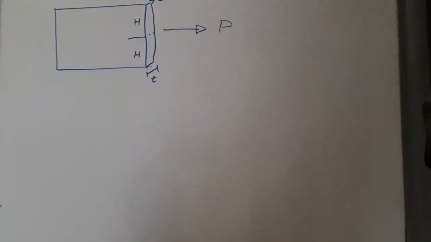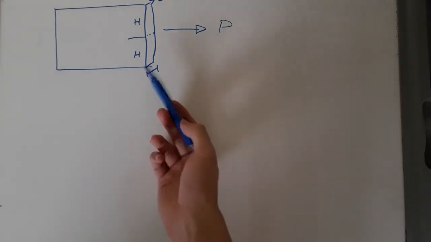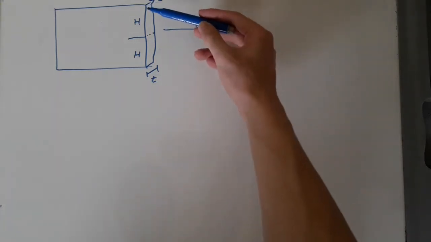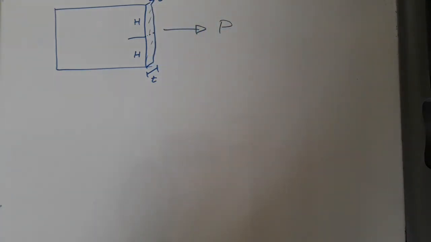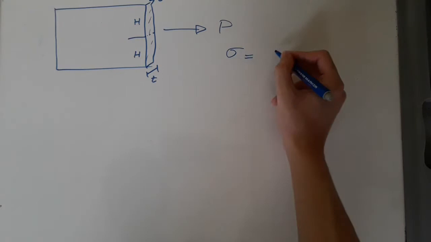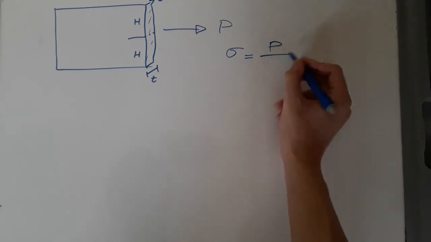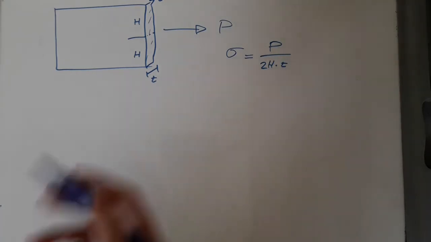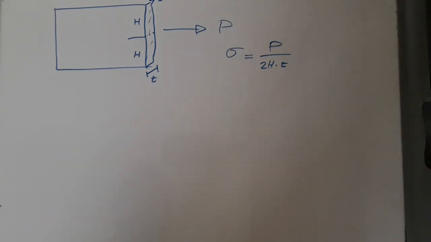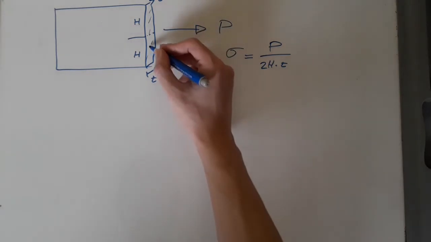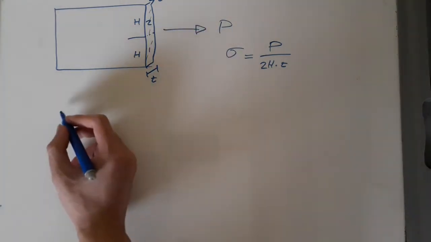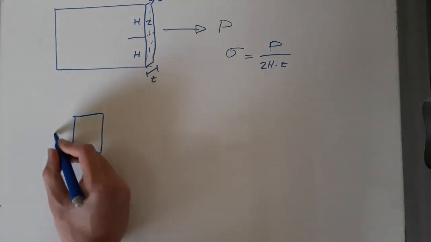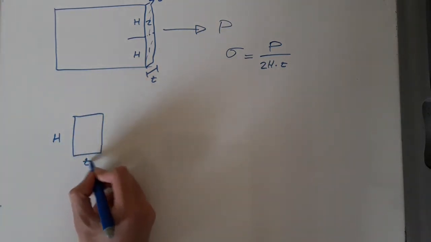Taking it a step further, let's think about stresses now. In this case, where we have a uniaxial stress in the x direction, the stress on this surface would be quite simple to calculate. The stress would be equal to the applied force P divided by the area, which would be 2h times t. But now again, if we were to assess each individual element, there are two elements, and they're both the same size. One element would look like this, with a height of h and a thickness of t.